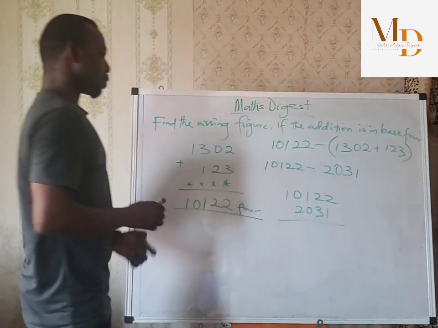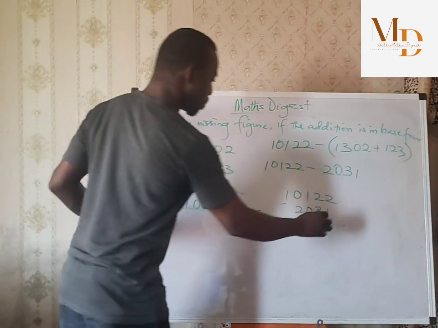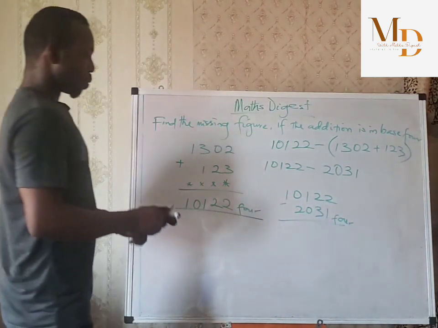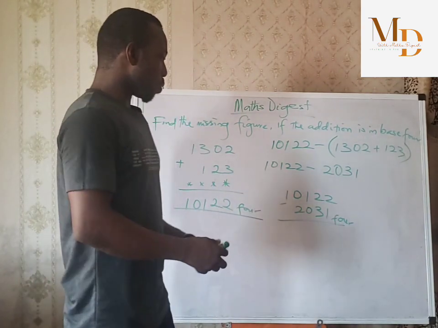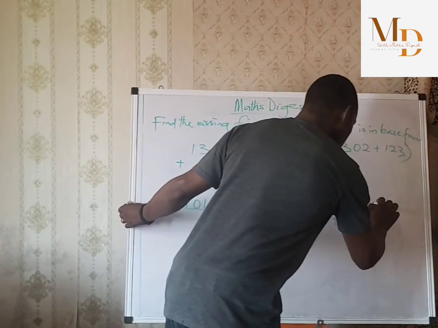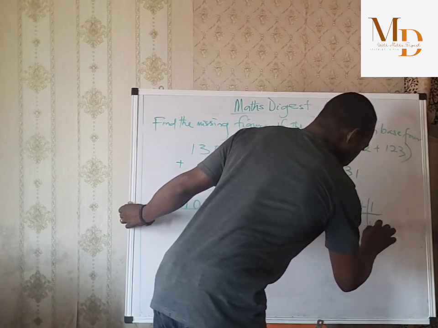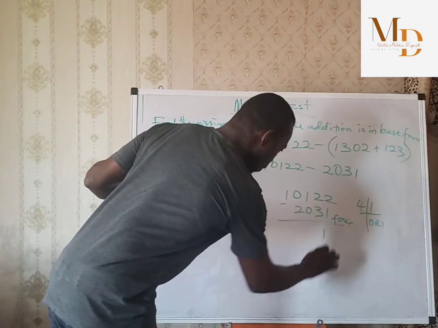Now pay attention. This is minus in base 4. So this minus this will give you 1. So we have 1 divided by 4, which is 0 remainder 1. So we write your remainder here, 1.